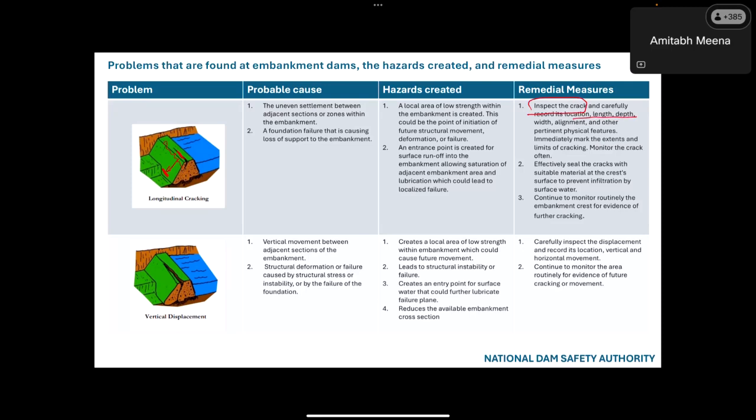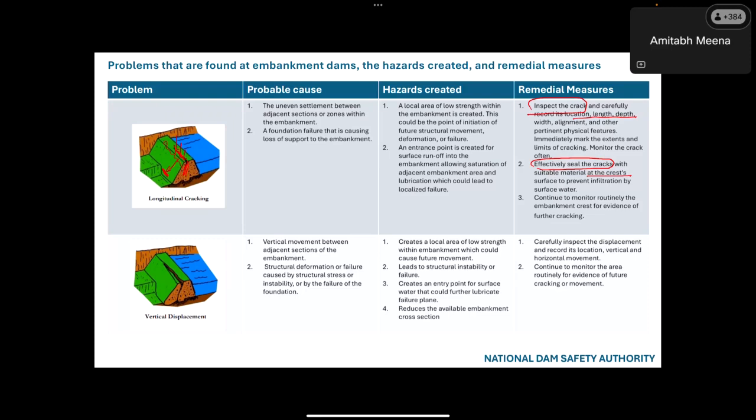And effectively seal the cracks with suitable material at the crack surface to prevent infiltration by surface water. See, if we don't fill these cracks, then the rainfall will pour in from these cracks, which will create a separation, and it will weaken the dam by creating another saturated plane along this crack.